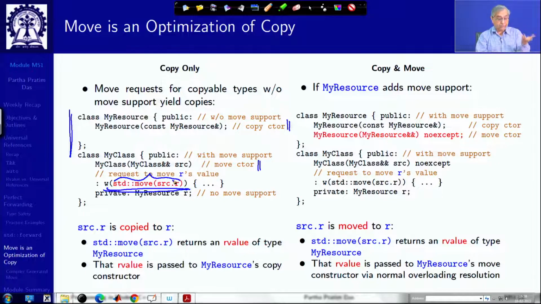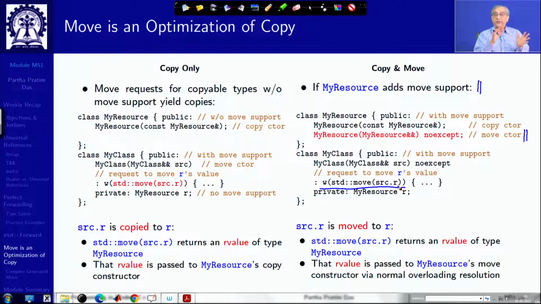Right? That R value will automatically be converted to the L value and will be passed to the copy constructor of my resource. Whereas, if I have the move support added, that is, if I have given a move constructor, then passing the R value reference will give me actually a binding to the move constructor of my resource class.